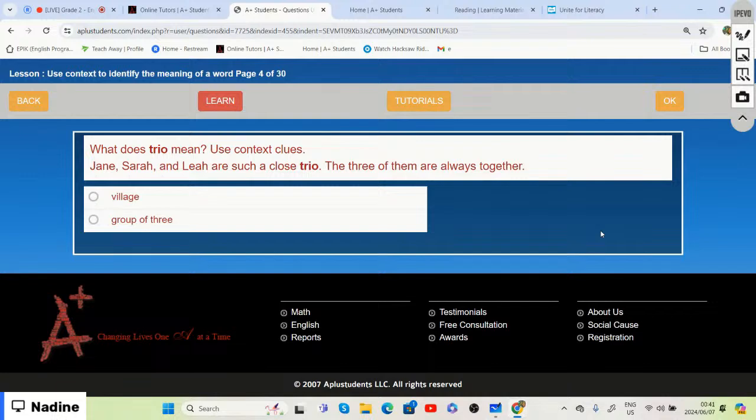So Jane, Sarah, and Leah are such a close trio. So trio means that it is a group of three, either three girls or three boys, but it's a group of three.